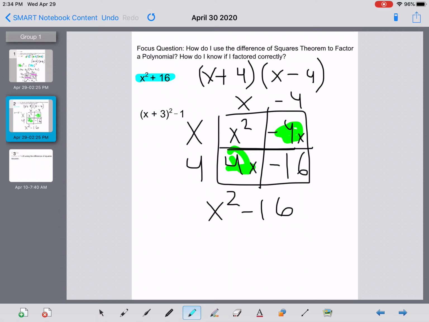So if you encounter a sum of squares and you're asked to factor it using the difference of squares theorem, if you're adding, it will not work. This tool will not work for this, okay? So I'm just going to erase this here.